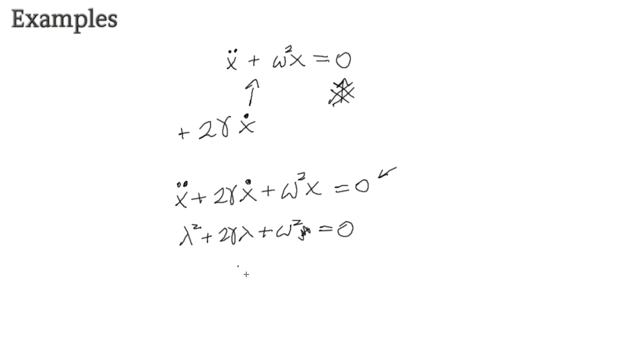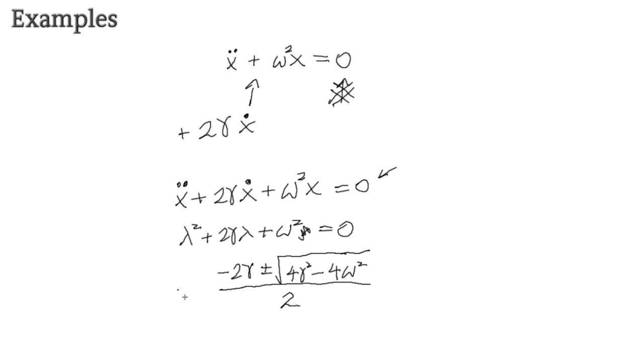Let's do what we do best, the quadratic equation formula. So lambda equals minus b, minus 2 gamma, plus or minus the root of b squared, 4 gamma squared, minus 4 lots of omega squared, all over 2 times 1.